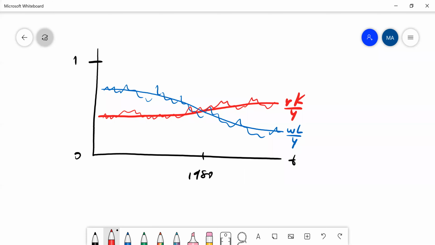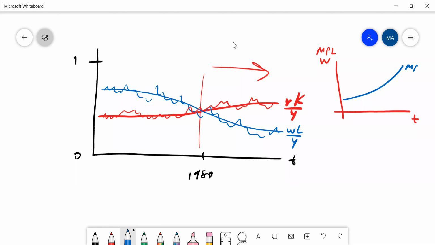Of course, this portion of history is associated with market fundamentalism, neoliberal policies, after the collapse of the Bretton Woods system, etc. So actually, if you measure the difference between the marginal productivity of labor and the real wage, marginal productivity is going like this, let's say, but the real wage is not going at the same rate.